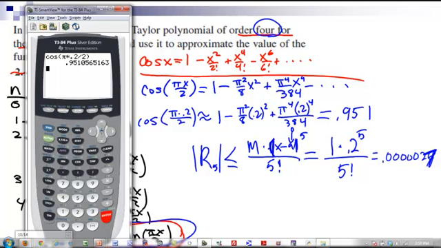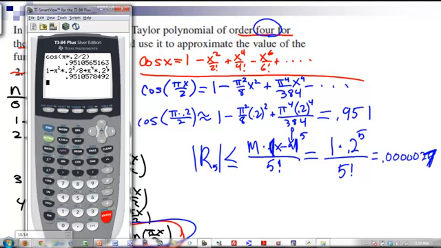Actually, I want to get more decimal places of accuracy. 1 minus pi squared multiplied by 0.2 squared divided by 8, plus pi to the 4th multiplied by 0.2 to the 4th divided by 384.